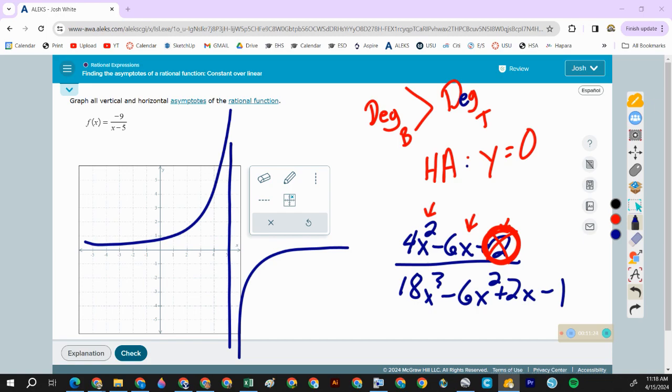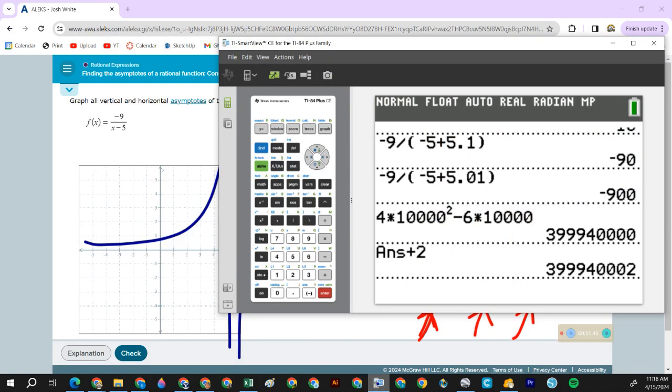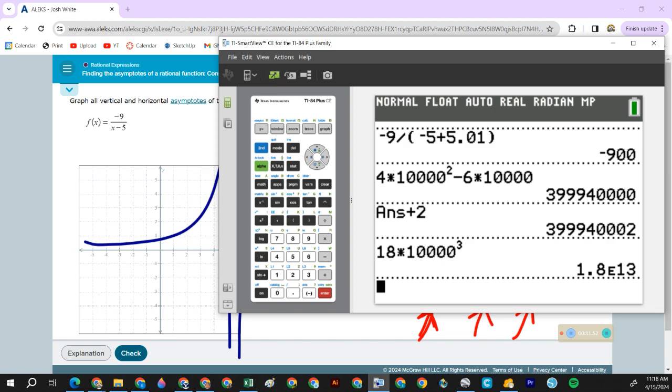Okay? Well, look at the bottom. When this is really, really big, what effect is the negative 1 going to have? Very little. In fact, how big is 2x compared to 18x to the third? Well, let's look. So 18 times 10,000 to the third.